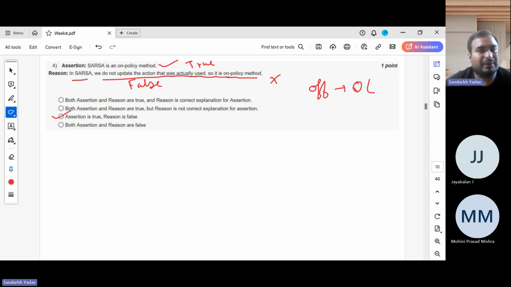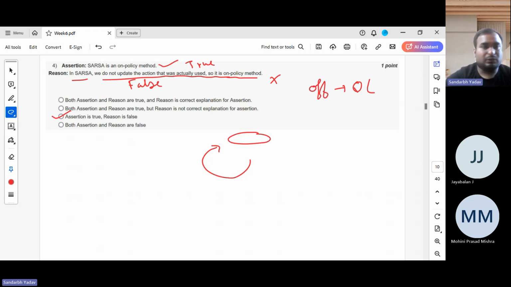You remember in the SARSA algorithm, we were using the same action in the loop, and it was getting updated. That is what makes it on policy. But in the reason they have given the converse of it. So the correct option is option C.